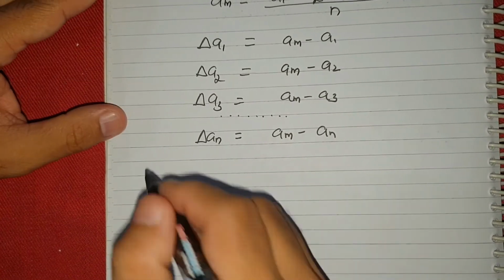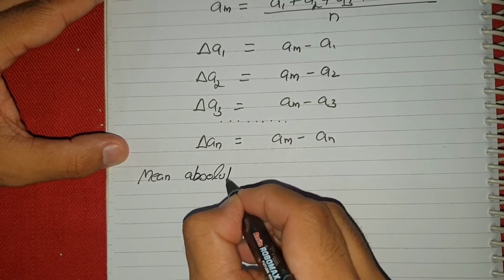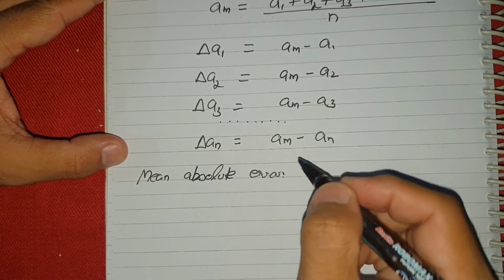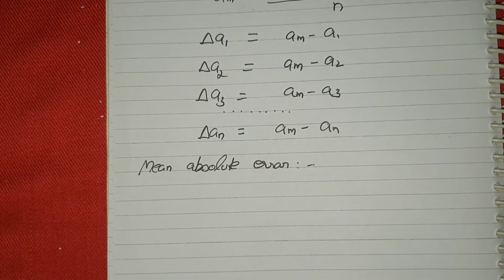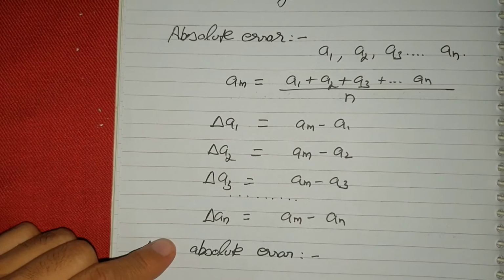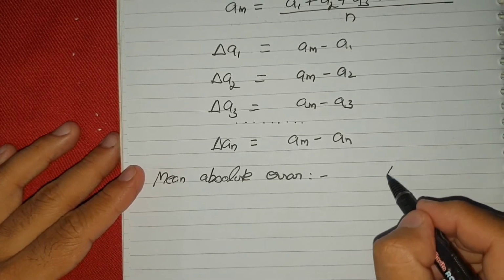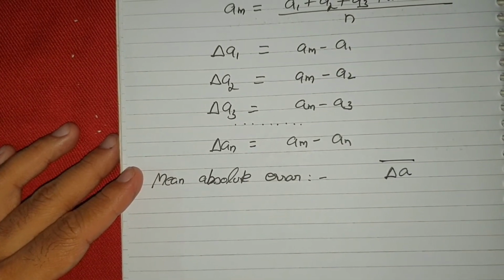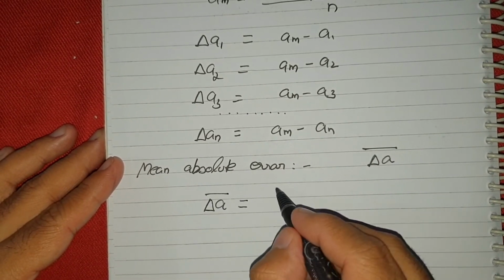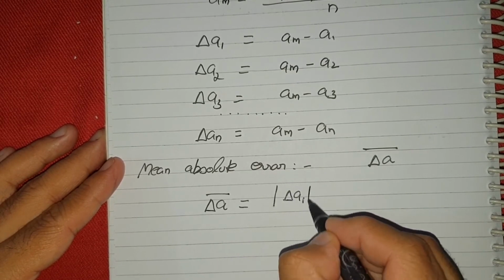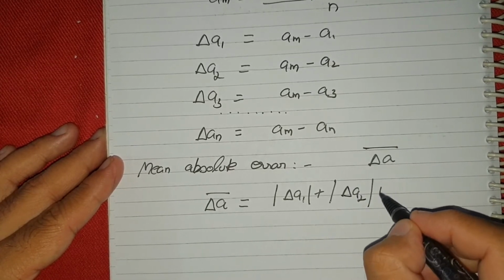Now, the mean absolute error. The mean absolute error is the arithmetic mean of the magnitudes of the absolute errors in all the measurements of a quantity. It is represented as delta A bar. So delta A bar is equal to the sum of the modulus of the absolute errors, upon n. I am using the modulus sign, so even if that quantity is negative, we will use the positive sign only.